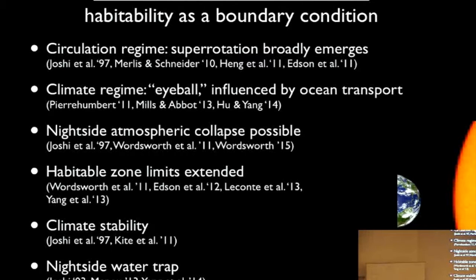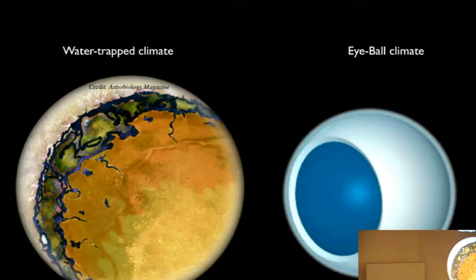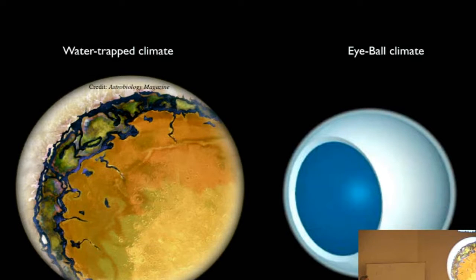And so one of the things that I got interested in, and also the Chicago group has done work on, looking again at this eyeball climate, one of the things that popped up, it's obvious, is that sure, this is what would happen if you have an abundant amount of water. But what if you had not so much water?